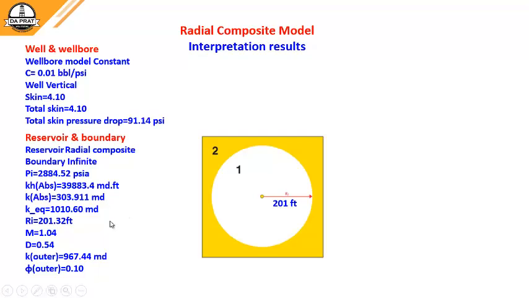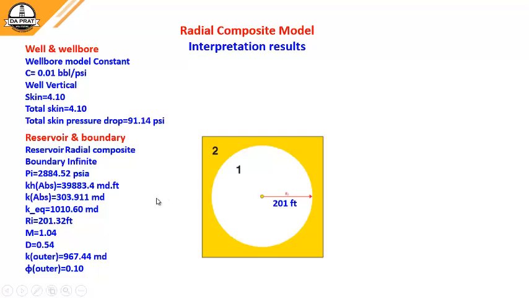So, as I said, later on we have to integrate information to consider which model is best representing the data. So here we have a radial composite, which means that there is a change in the mobility of the phases at about 201 feet.